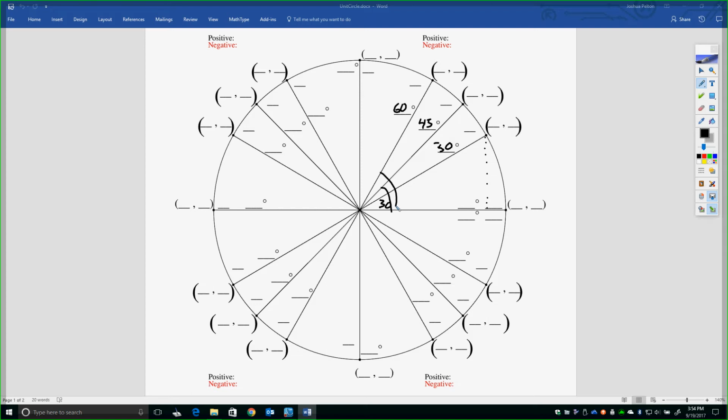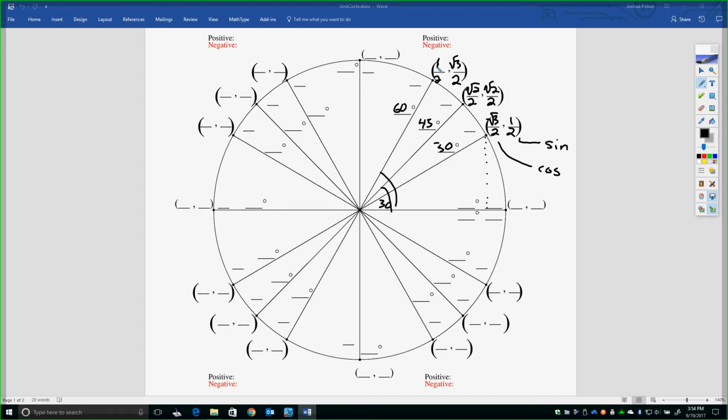So if it is a 30, then it is root 3 over 2 and 1/2. That is the cosine value, and that is the sine value. The next one is the 45: root 2 over 2, root 2 over 2. And the 60-degree triangle was 1/2, root 3 over 2.